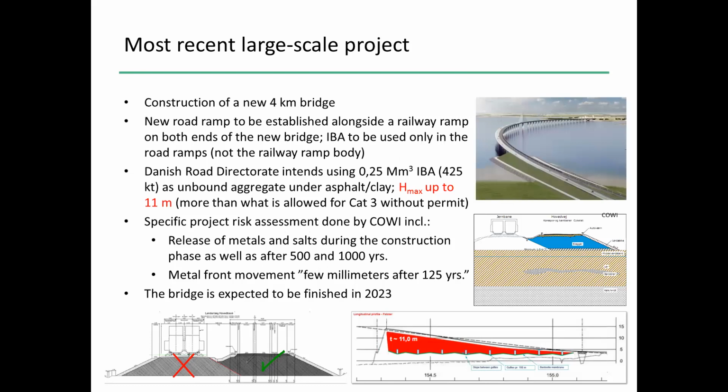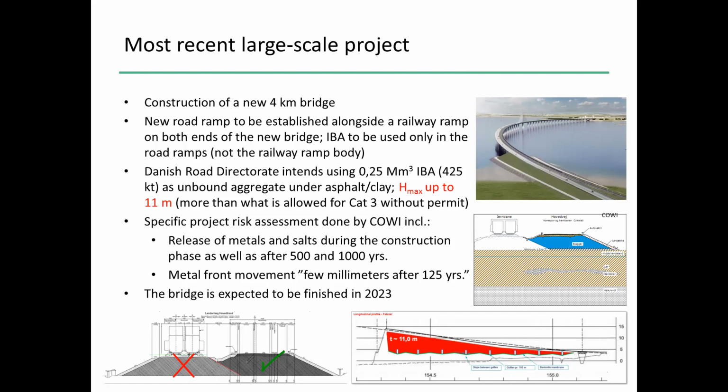Here is an example of an ongoing large-scale project where a new 4-kilometer bridge will be constructed in Denmark. In connection with the construction, on both ends of the bridge, highway ramps must be constructed alongside a train ramp. The bottom ash will be used only in the highway ramp, as the quality of the material needed for the train ramp is different.